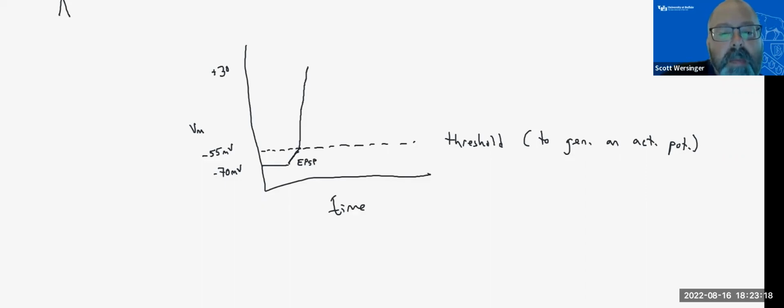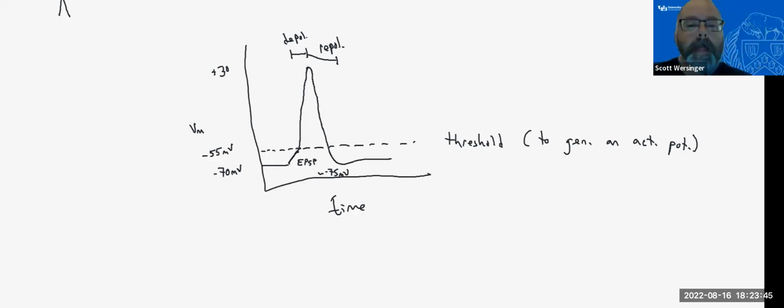We go a little bit past minus 70 to about minus 75, and then slowly return to rest. So this phase is called the depolarization phase. This phase, until we hit back to resting membrane potential, is the repolarization phase.